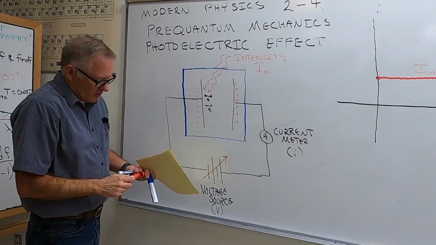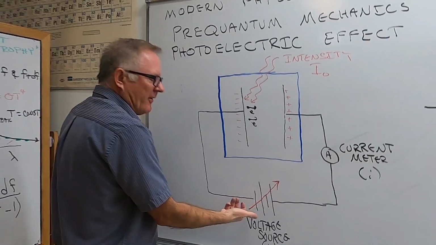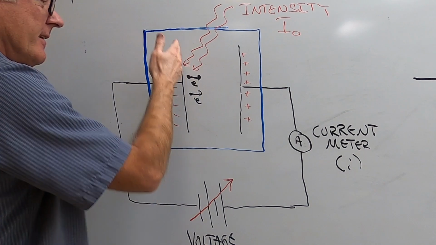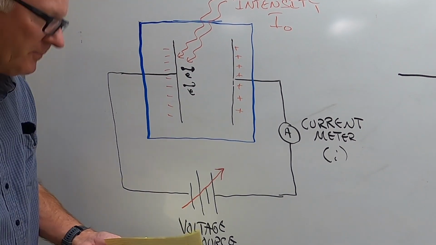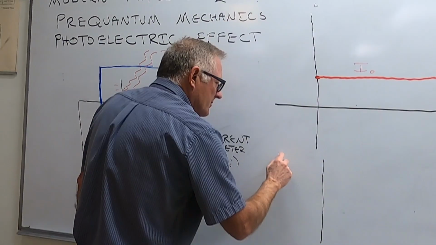Okay, so now what happens when we flip the polarity of the battery? So now this one is negative and that one's positive. Let me just draw it here.